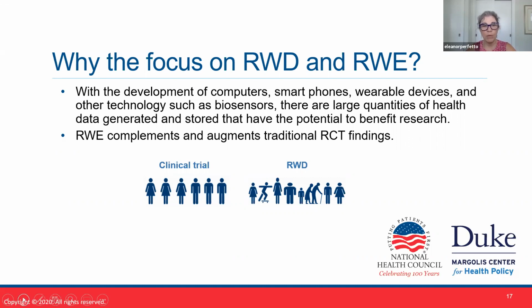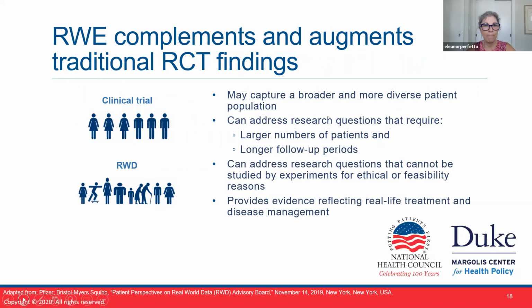So let's talk a little bit more about that. Next slide, please. How can RWE complement and augment randomized clinical trial data? Well, it can capture a broad and more diverse patient population, as I said. It can address research questions that require large numbers of patients and longer follow-up periods.